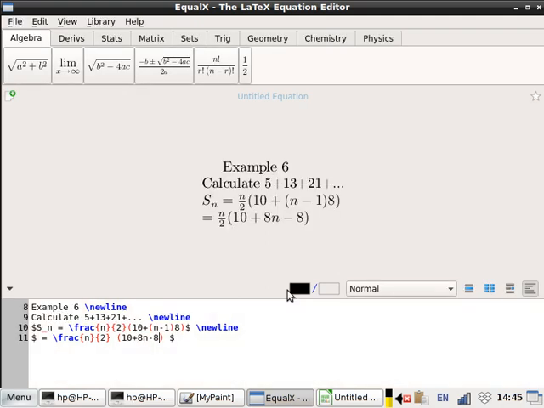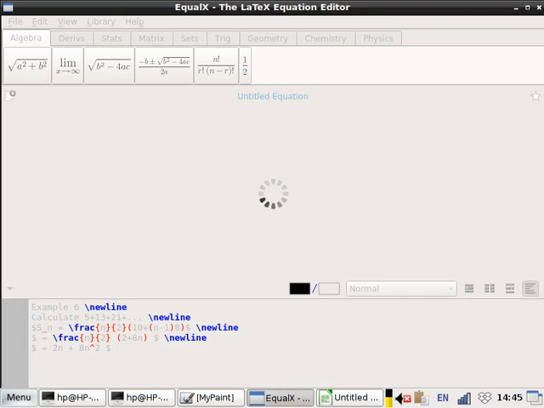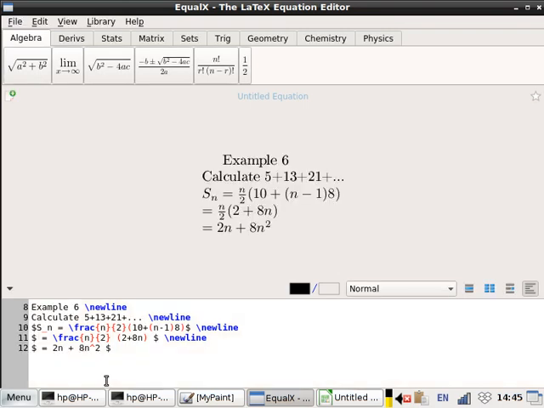So obviously 10 minus 8 is 2. Divide by 2. Can I simplify any more? Yes. What can I do? Cancel the 2. It's going to be 4n plus 1... sorry, typo, it should be a 4.